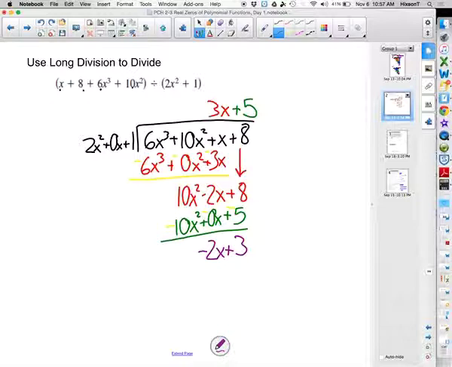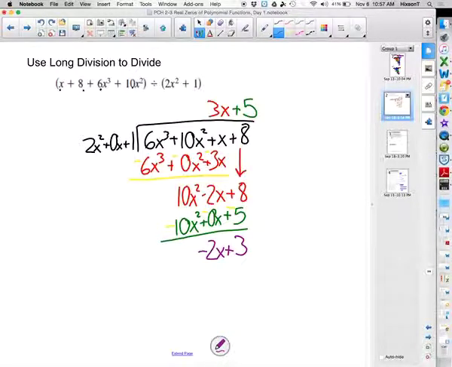Now notice I'm done with the division. Why do I know I'm done with the division? This one's smaller than 2x squared plus 1. We have the 2x squared, and its exponent is more than the exponent we have now.